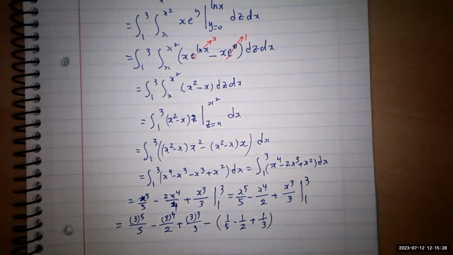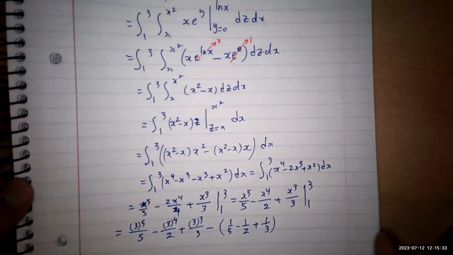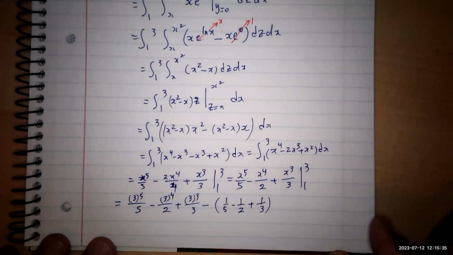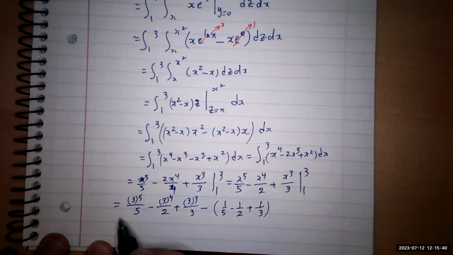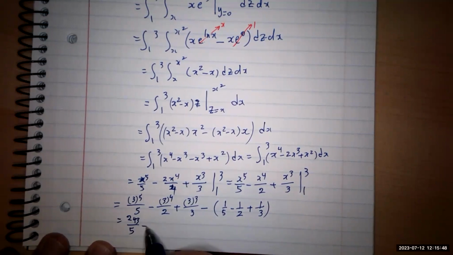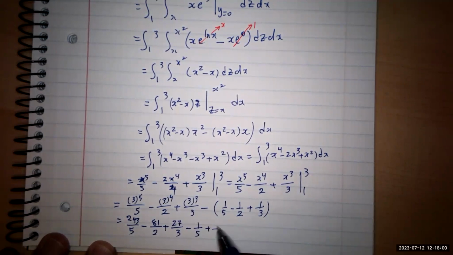Okay, simplify and then be done. 3 to the fifth is 243, 3 to the fourth is 81. That gives you 243 over 5, 81 over 2, and 27 over 3. Okay, apply the negative sign: a fifth plus 1/2 and the negative 1/3.